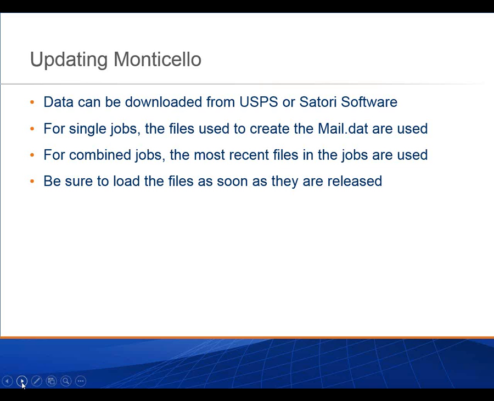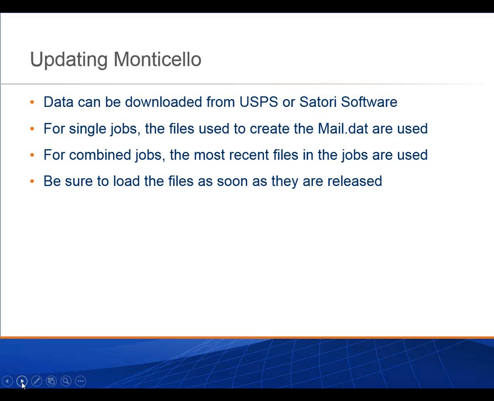Monticello also has the capability of taking multiple mail.dats, bringing them together, and then creating a single mailing out of those. In that case, for combined jobs, let's say one job was used with September data, and one was used with October data, but both September and October are current and valid for this job.